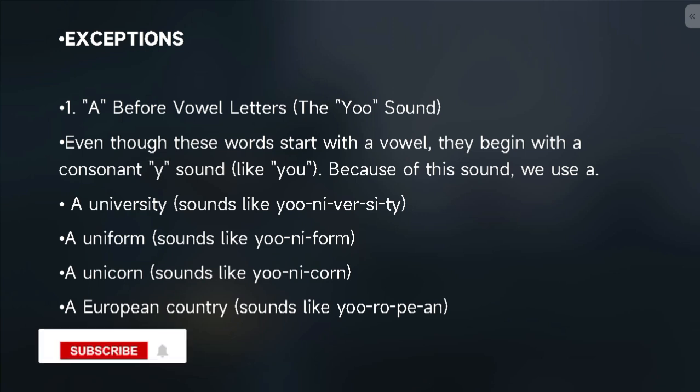Here are a few examples: a before vowel letters with the yu sound. Even though these words start with a vowel, they begin with a consonant y sound, like u. Because of this sound, we use a instead of an. Please mark this down, keep a note in your notebook, so that going forward you will not make the mistake.